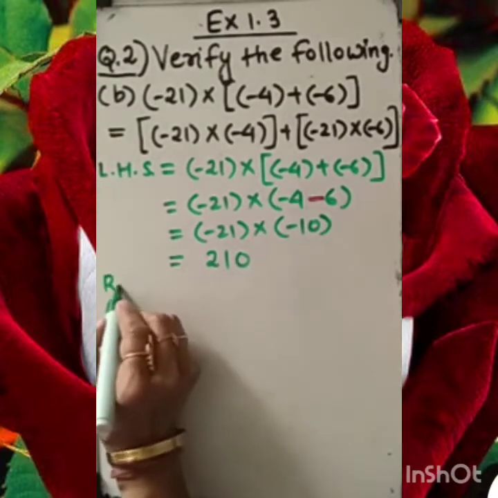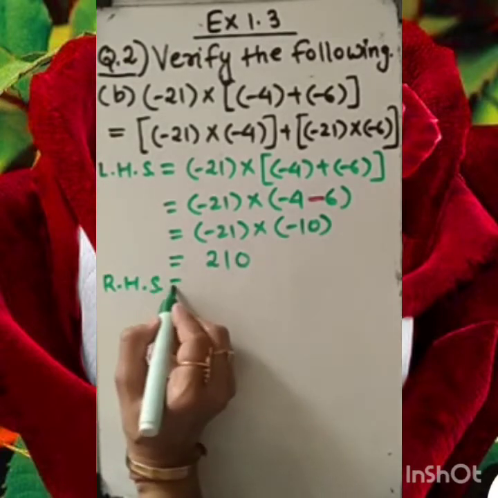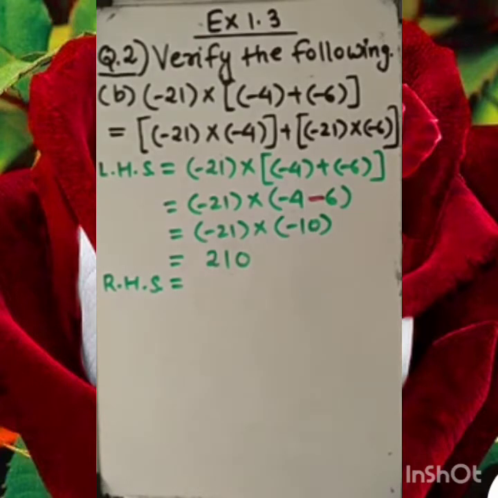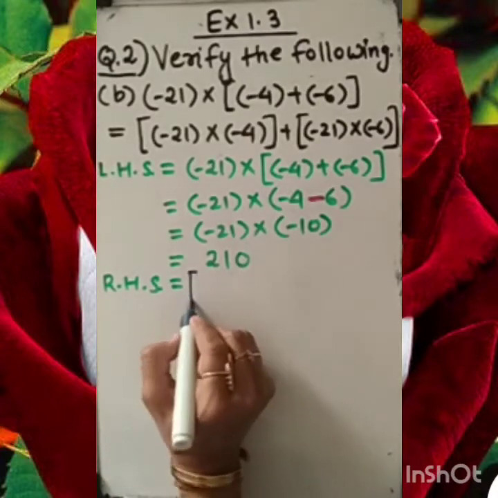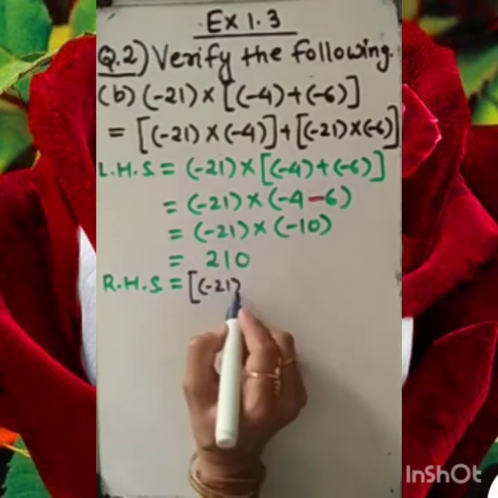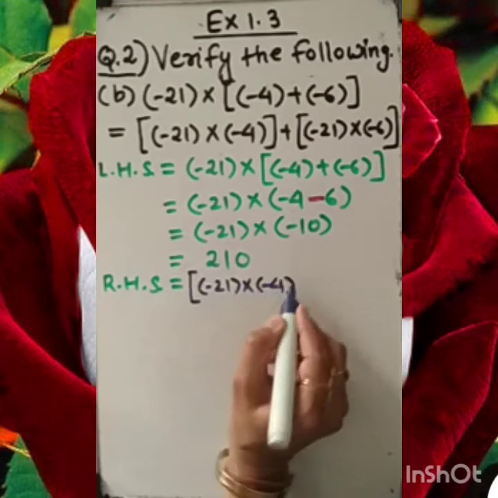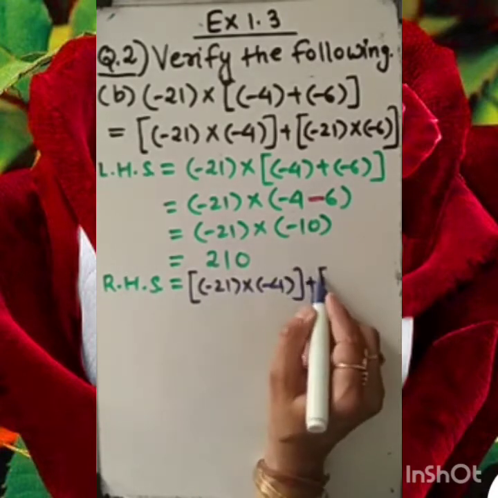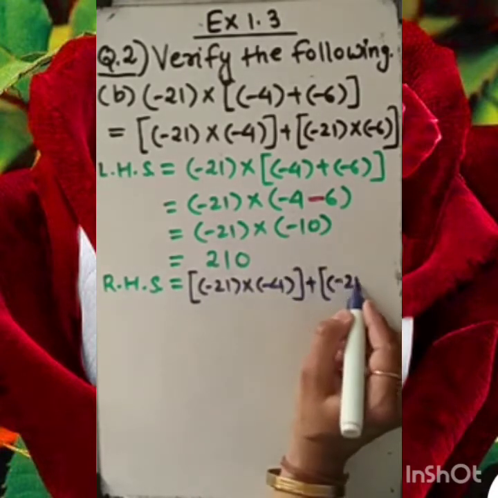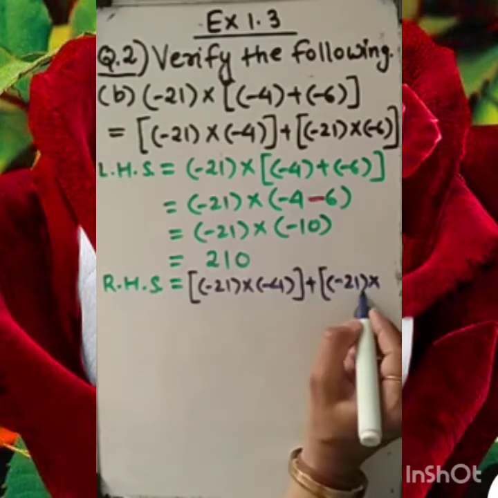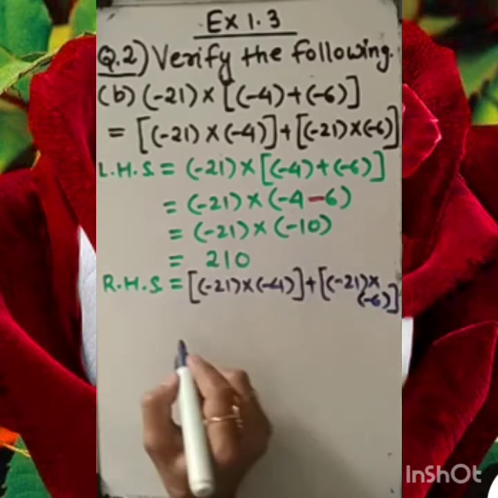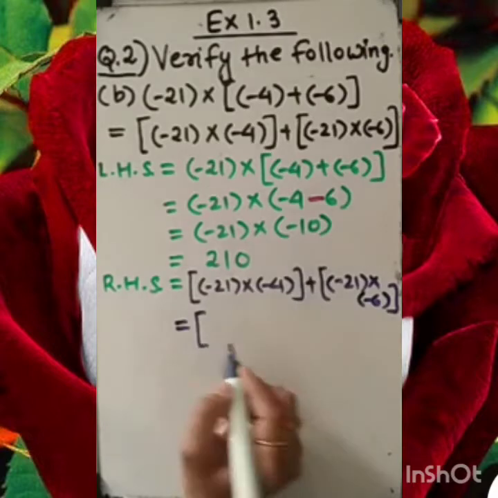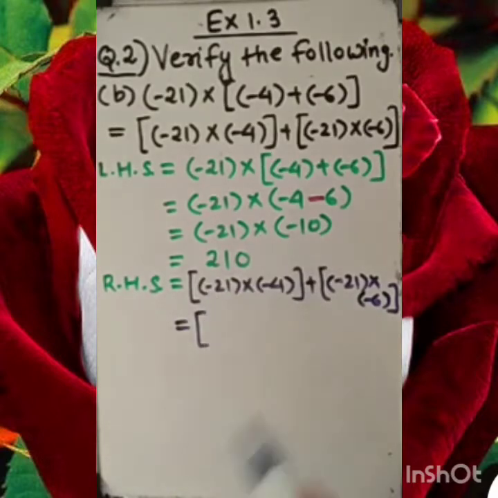Let's work out on RHS now. What are we given in the RHS? Let's note down here. RHS, in that we are given in a bracket minus 21 into minus 4 plus minus 21 into minus 6. Fine. This we are given. So let's work out the minus minus product.